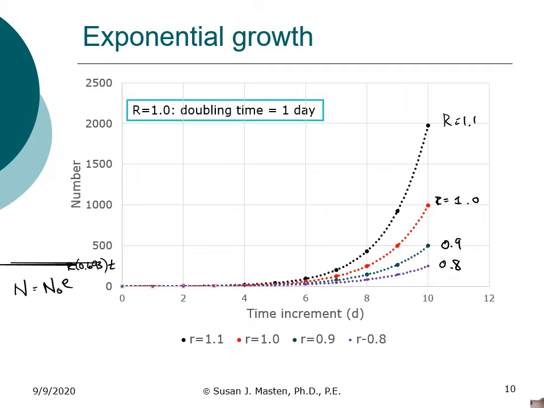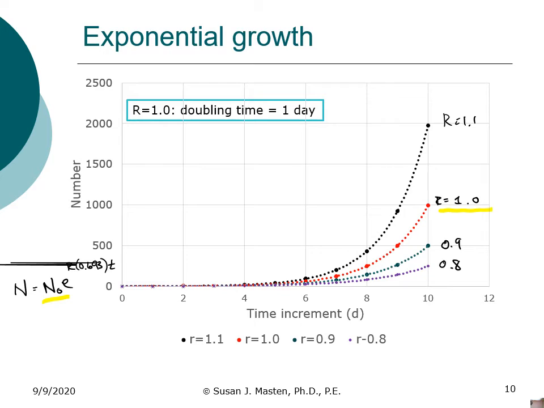So basically, if that were the case, just expand the plot out. And what I want you to note here is, for instance, if we have an R value of 1, I've set N sub naught equal to 1, and I've written this as the number of organisms is equal to N sub naught e to the r times 0.9693 t.